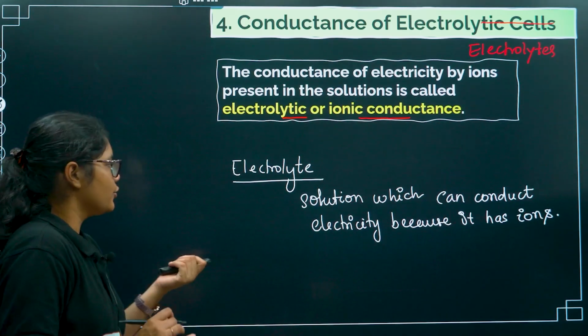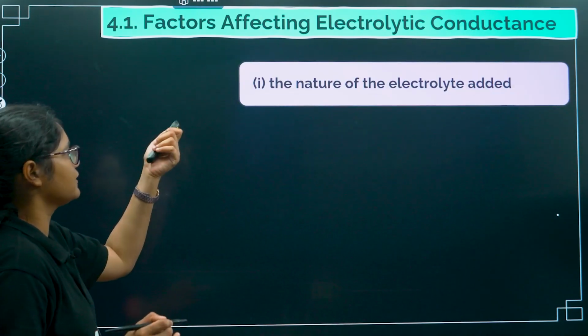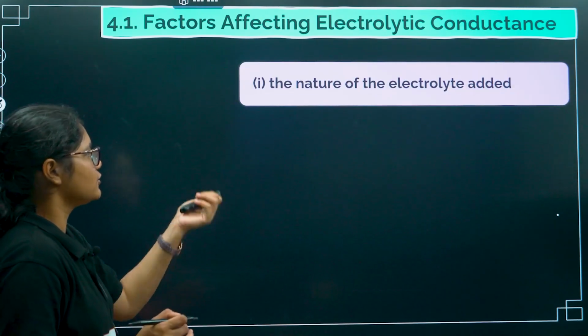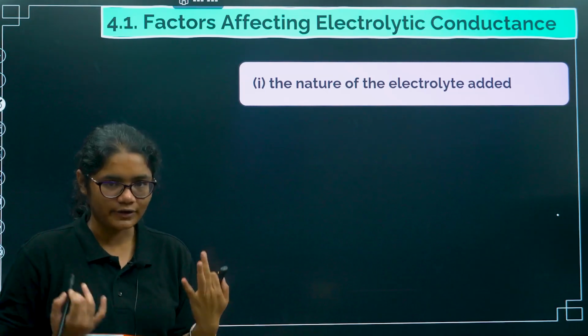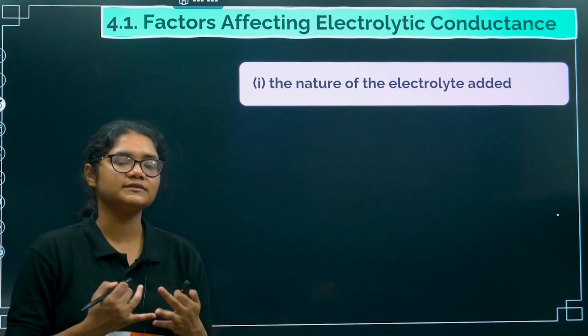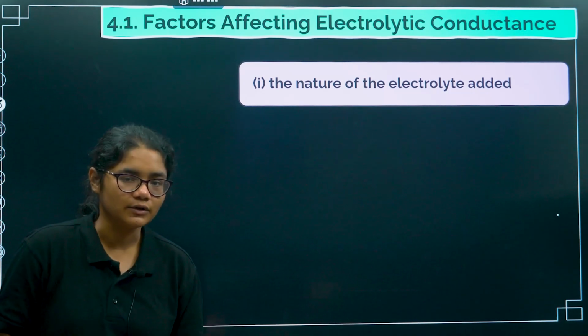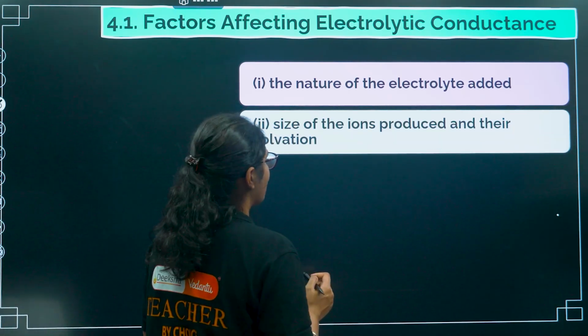So, factors affecting the electrolytic conductance. The first one is the nature of the electrolyte added. Which electrolyte you are taking, whether it is a strong electrolyte or a weak electrolyte, on that basis it will depend whether it is a good conductor or a weak conductor. Next, size of the ions produced and their solvation.